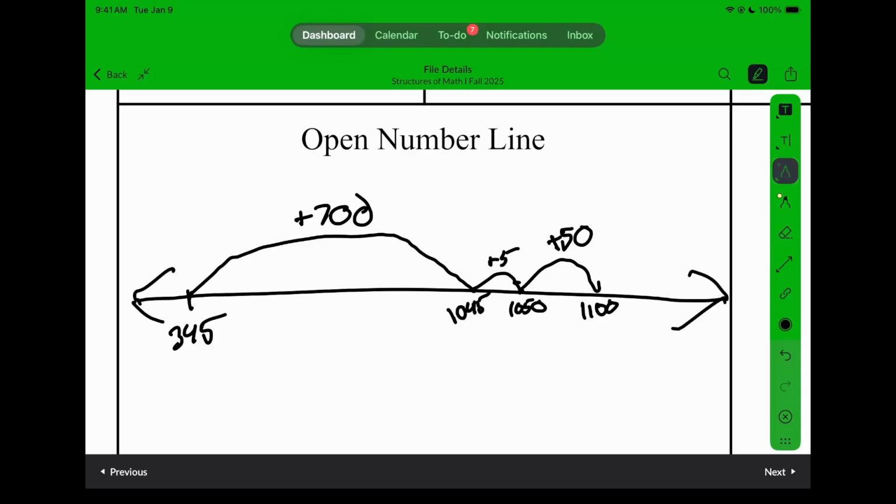And now there's 33 left that we got to add. So we can get rid of that 30 rather easily, plus 30. And then our last plus 3 is 1,133.